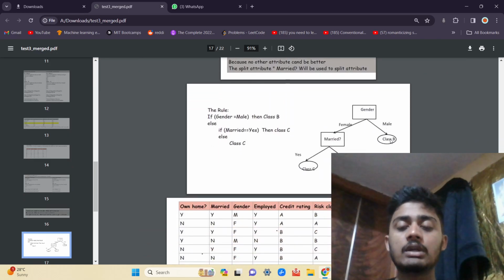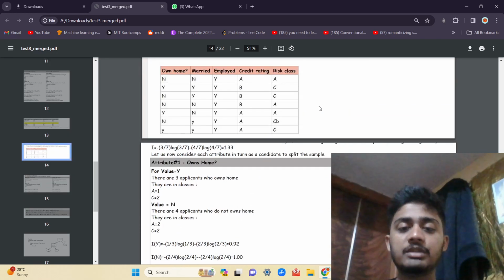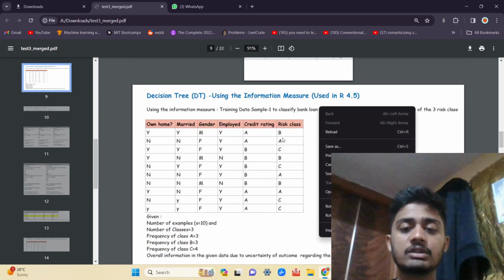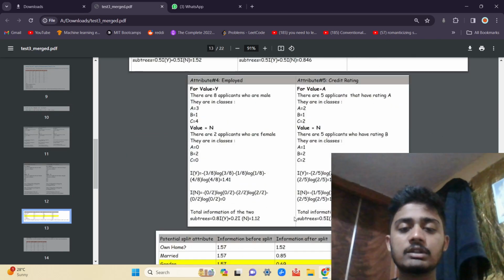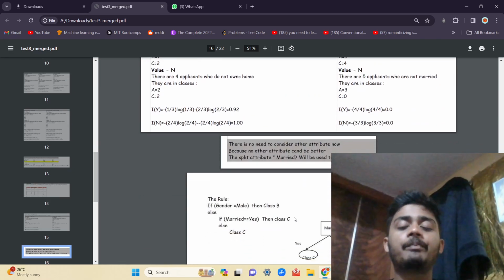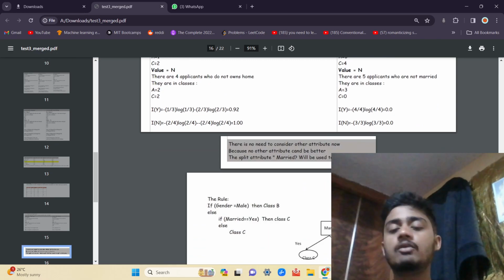In male we can see that there is directly class B, because when the gender is male you can see that it is class B. So B will be the leaf node for gender when male came.